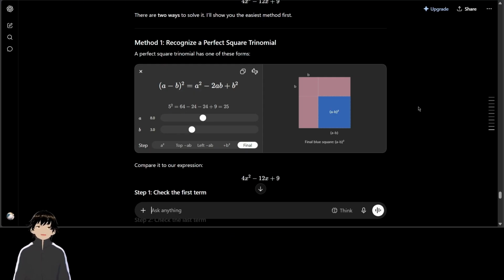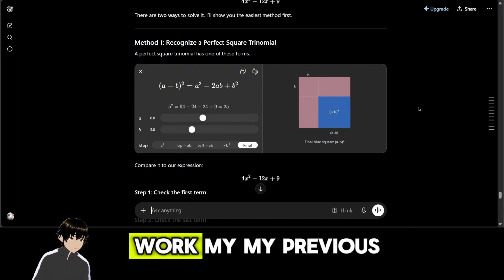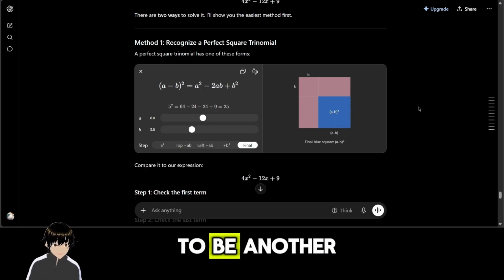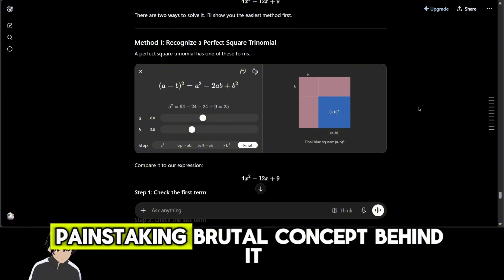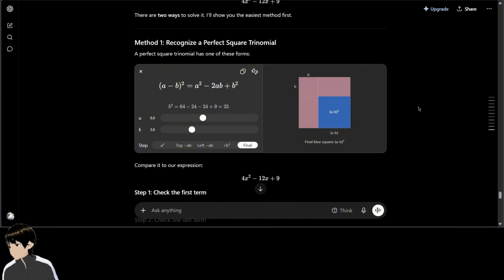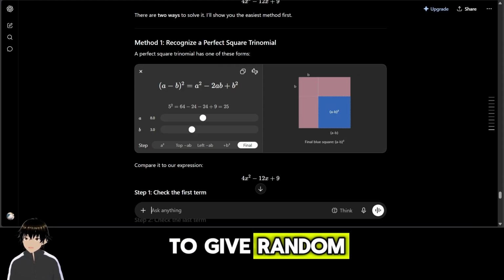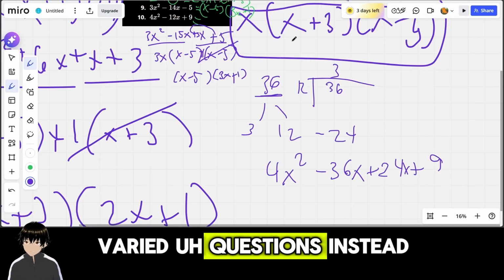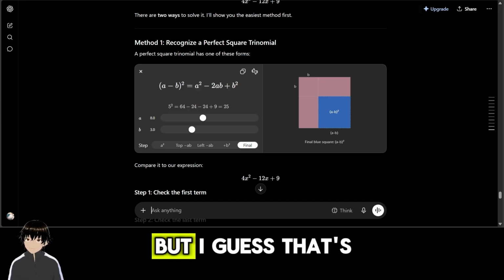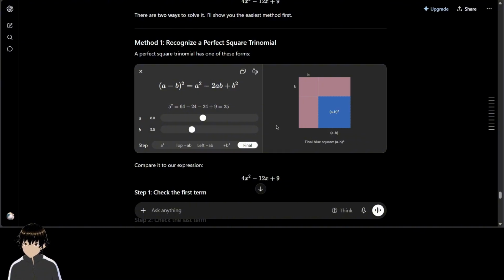When my previous solution doesn't work, you can automatically assume that there's going to be another painstaking, brutal concept behind it. ChatGPT really likes to give random, varied questions instead of just easy ones. But I guess that's part of the challenge. Dang it.